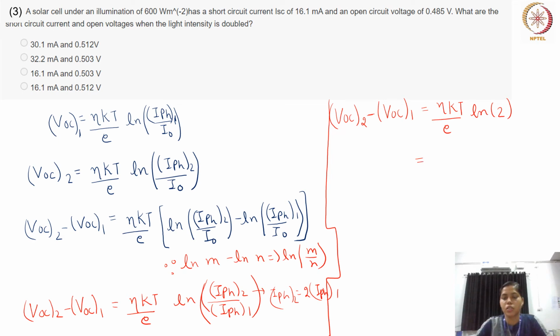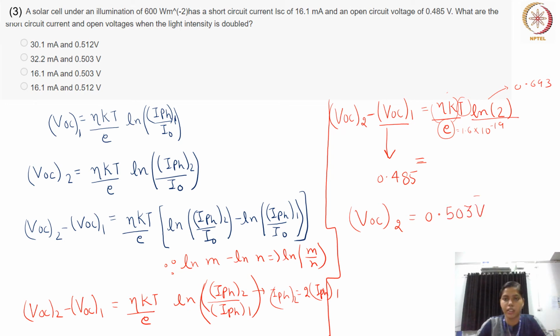When we put in all the values, this is the Boltzmann constant, the temperature, eta you can take as 1, and E is the charge on the electron, 1.6 into 10 raised to the power minus 19, and the value of ln 2 is 0.693, and this is your VOC1 that is given, 0.485. After calculating, we will get VOC2 as 0.503 volt.